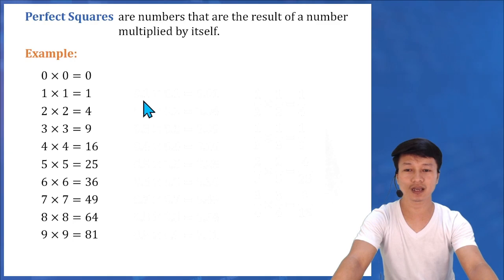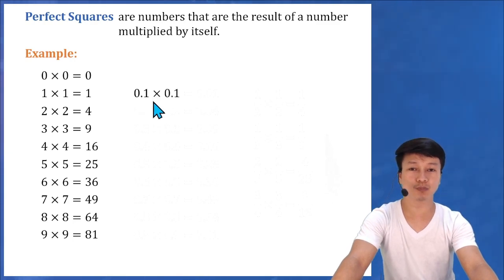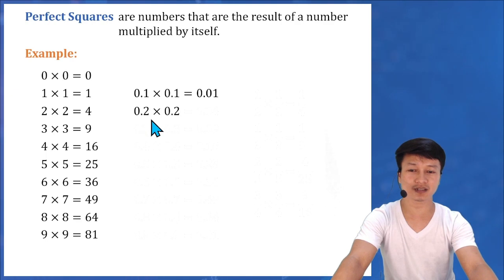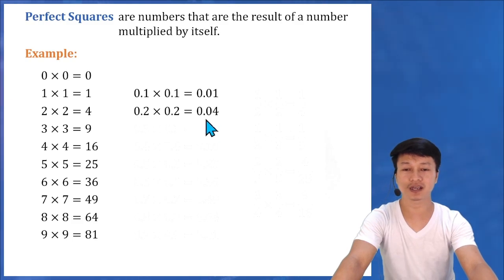So just like this, if we are going to multiply 0.1 by itself, which will give us the result of 0.01, then we can say that 0.01 is a perfect square number in decimal form. And also, if we are going to multiply 0.2 by itself, the result is 0.04. And then we can consider 0.04 as a perfect square number.